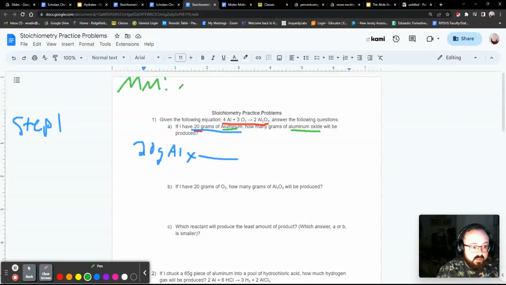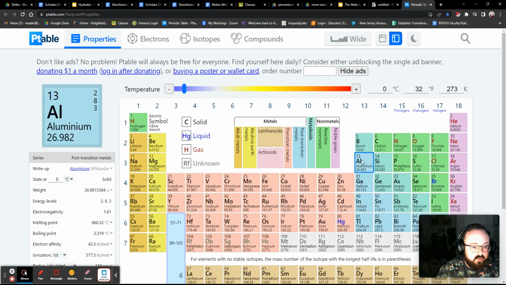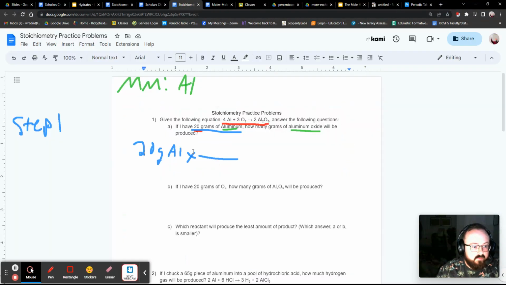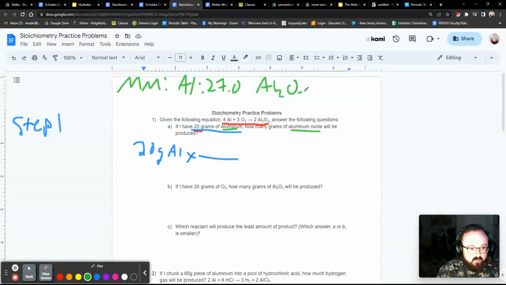Aluminum we'll call 27.0, rounding to make our lives easy. And Al2O3 will be 102.0 grams per mole.